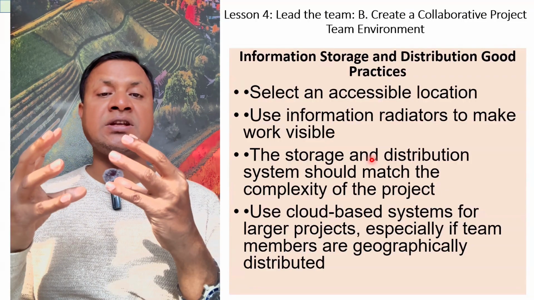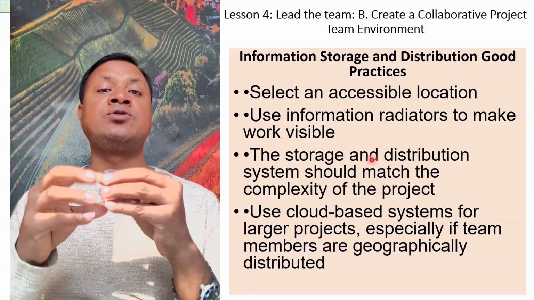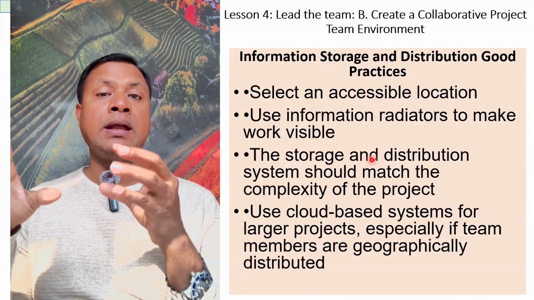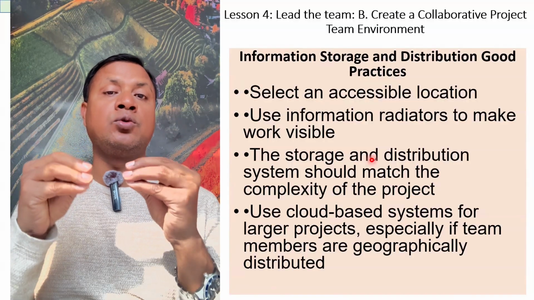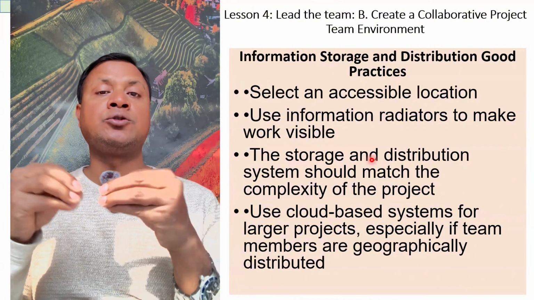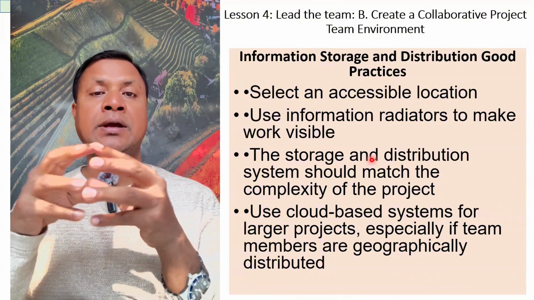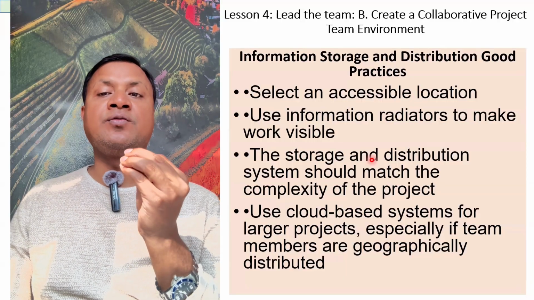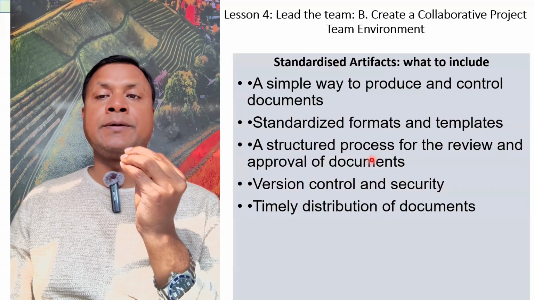So this kind of system ensures transparency. Every member can see who is doing what and how, what the role of each member is, and how each member is contributing to the goal. So that's why this kind of information system is important.